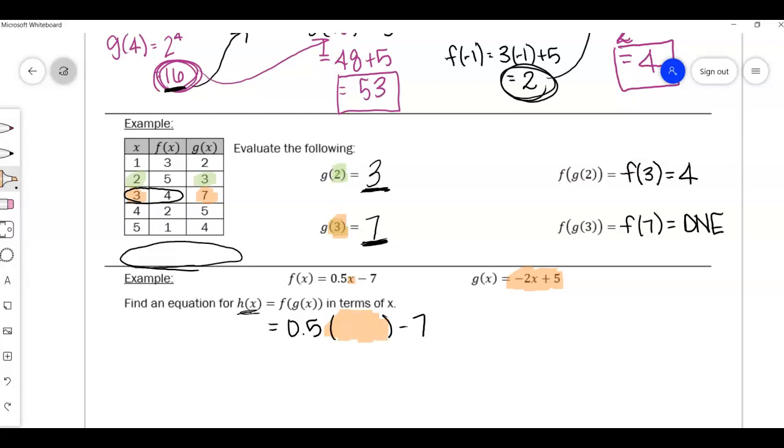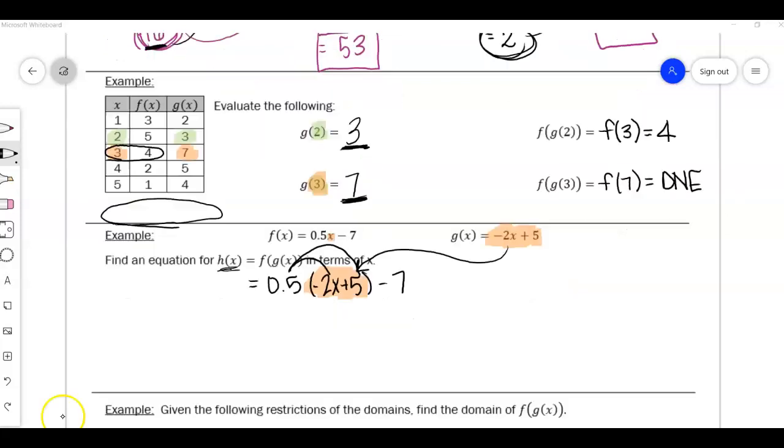And now we're going to take g of x's equation and plug it in where x used to be. So we have negative 2x plus 5. Next we need to distribute this 0.5 through so we can simplify the equation. So 0.5 times negative 2 will give us negative 1x. 0.5 times 5 will give us 2.5.